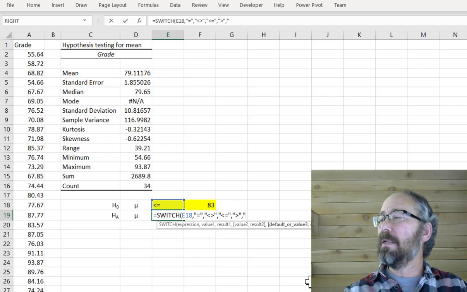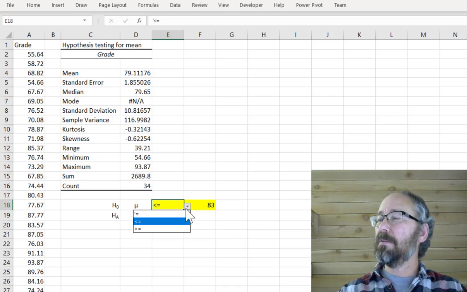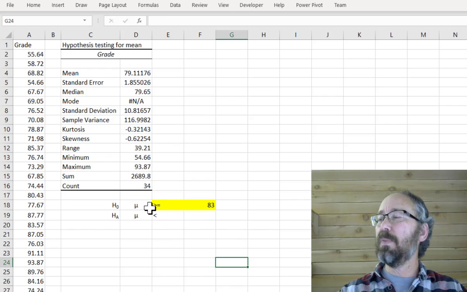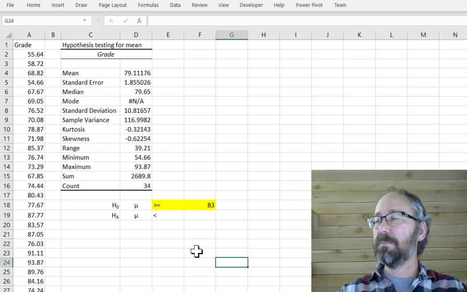And if E18 is greater than or equal to, we want the less than symbol. So we can test this out. It changes correctly to display our alternative hypothesis.